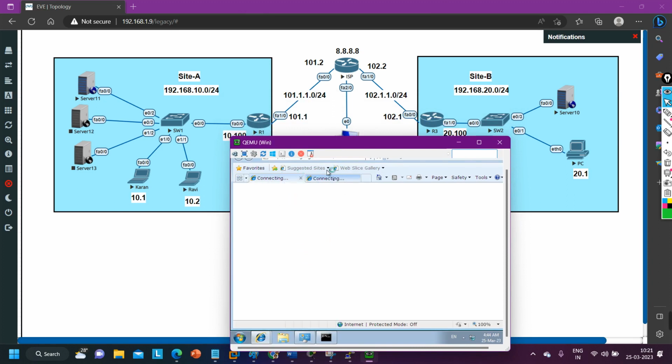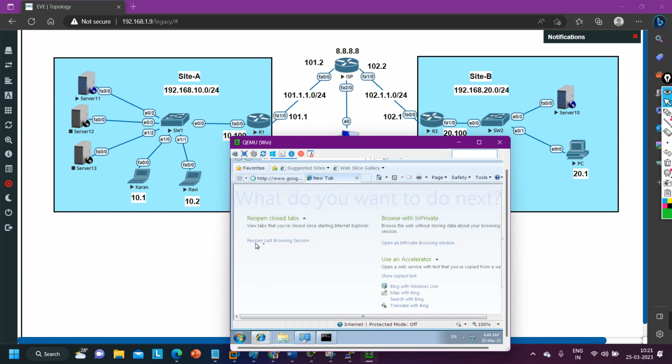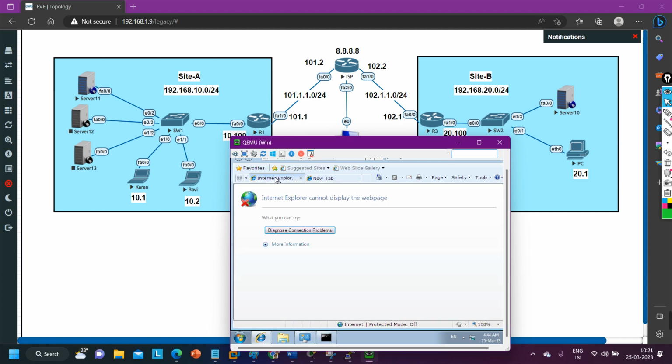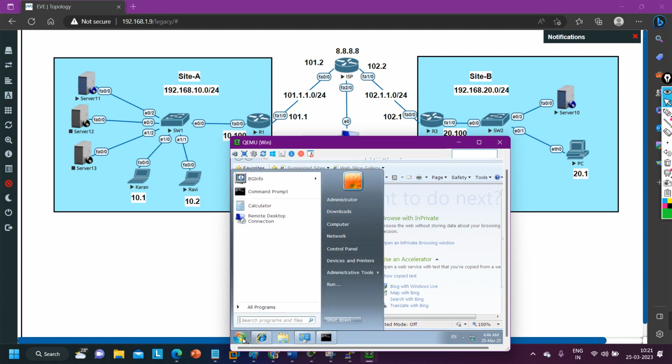Connecting, just wait. Okay, now it's not working fine. Let me open another browser.